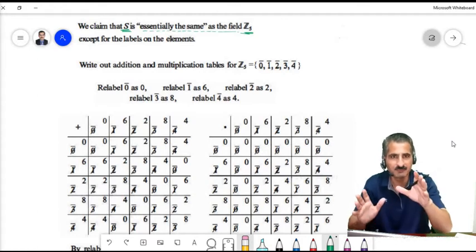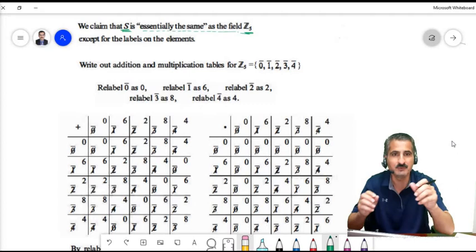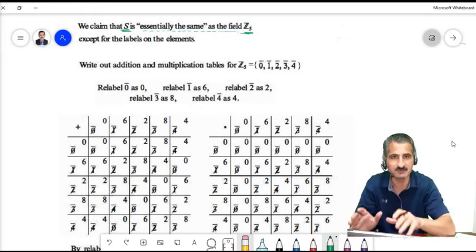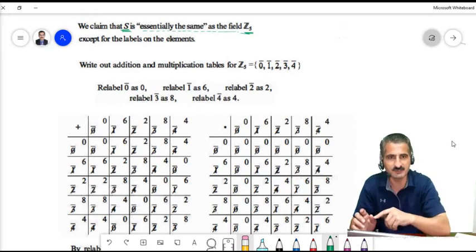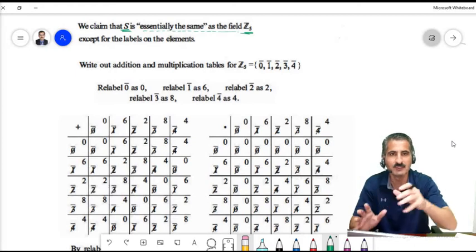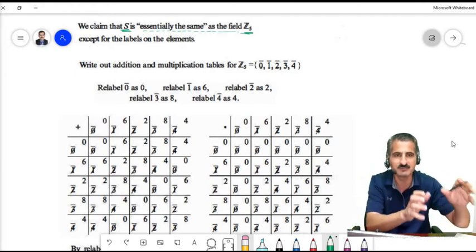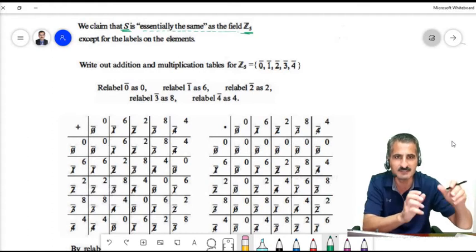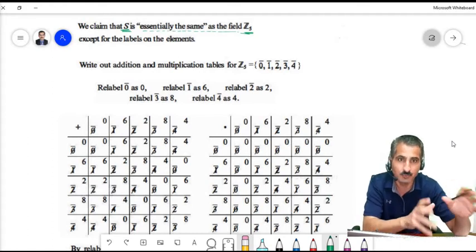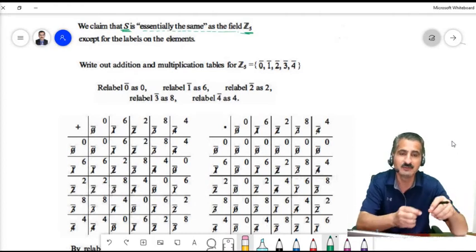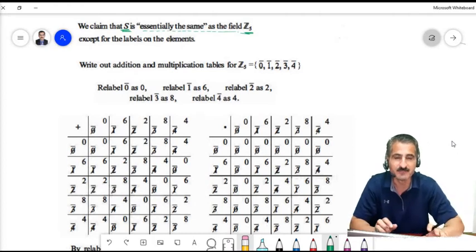We take the addition and multiplication tables, rename the elements of the first group on that table, and then you will find the new table that comes out is the table of the other group, or the other ring. So they have the same structure. That is what we mean by the same structure, and then we say they are isomorphic.